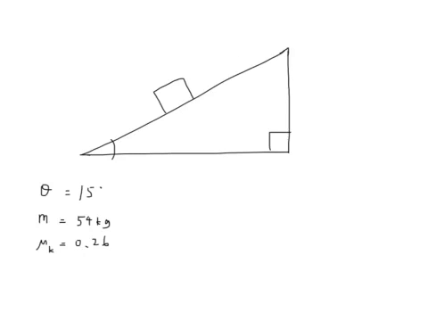Let's say we have a problem like this where there's a block being pushed up an incline or a ramp, and it's being pushed up with some applied force, F applied, which let's say is equal to 650 newtons, like that. And we know that the angle made with the ramp, this angle theta, is 15 degrees. We know the mass of the block.